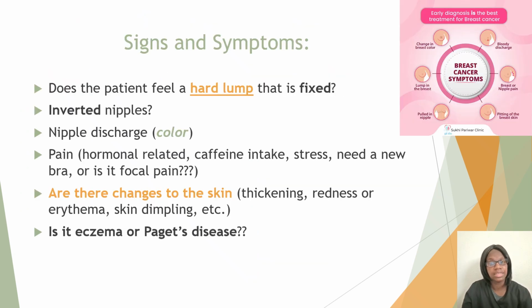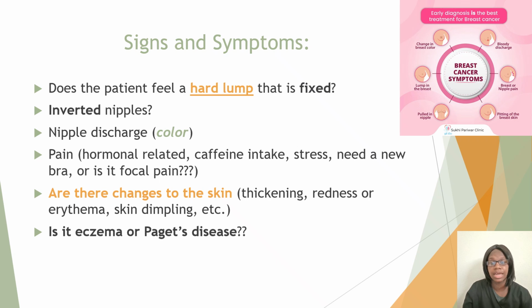Now we have our signs and symptoms. These are important for you to know. So, does the patient feel a hard lump that is fixed, meaning it doesn't move, it's just there? Inverted nipples. Do they have nipple discharge? There are specific colors. So, of course, if it's red, this is going to raise an alarm for them to be called back for a diagnostic.